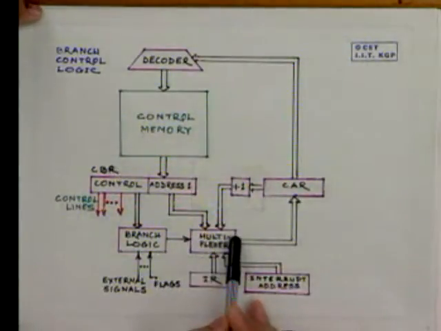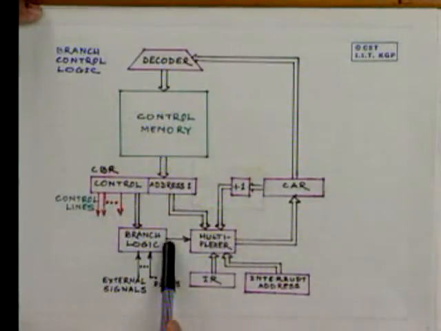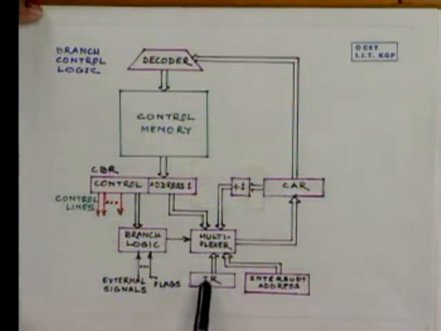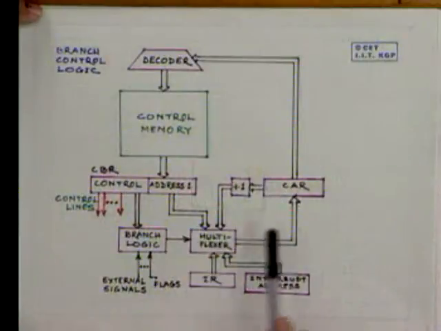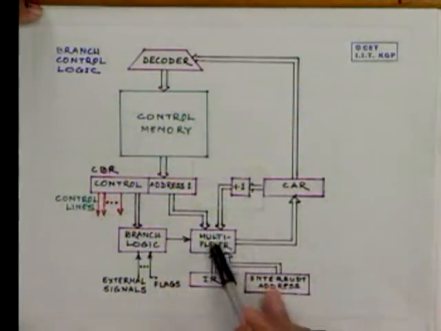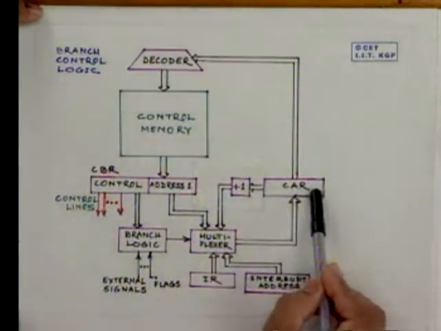The job of this multiplexer is that, depending upon this branch logic, it decides out of these 4 possible places where the control should be moved to, which one is gated into the control address register.